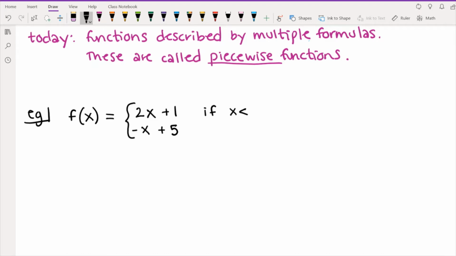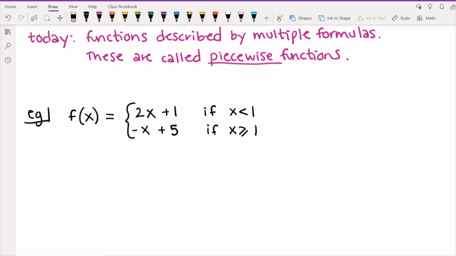Okay, so piecewise functions always have this structure where you're given multiple formulas, right? So we have 2x plus 1 and we have negative x plus 5. They're all listed out. And then we have this bracket symbol that collects them all together to say, hey, these are all part of the same function.